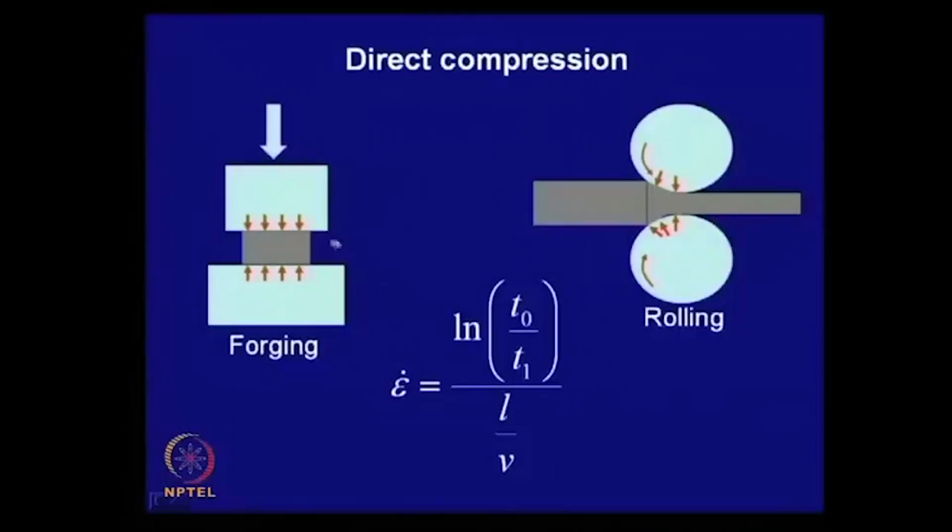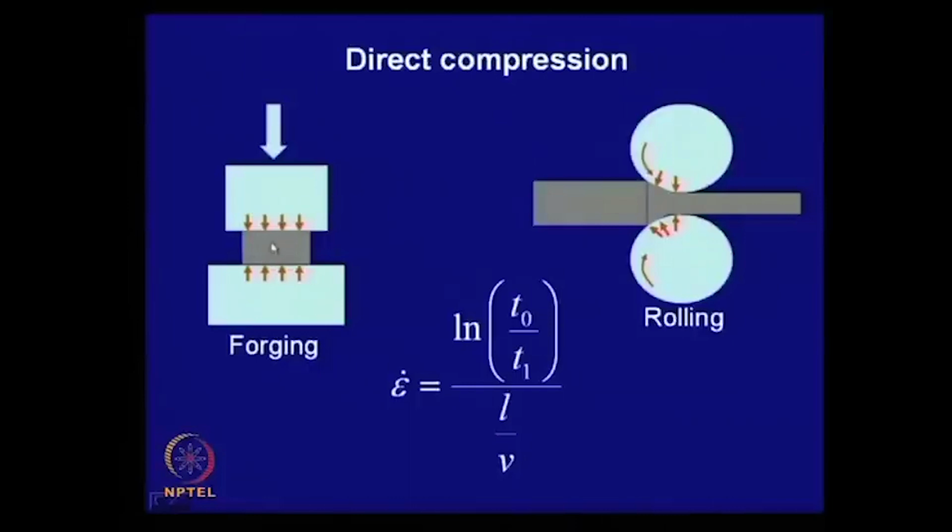One is forging. Here this is an anvil on which the workpiece, the job, is kept, and you apply pressure, and under this pressure the material flows. It can be a normal press forging or it can be hammer forging.